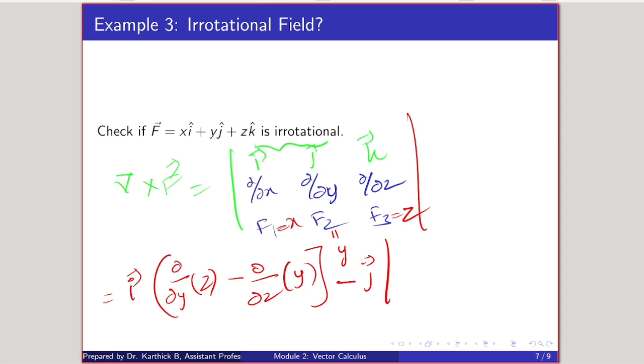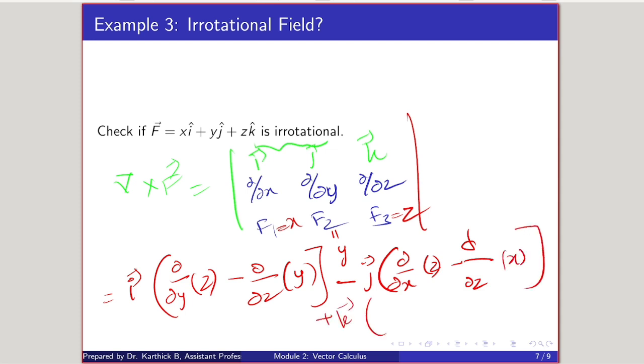Next, I will leave this column and this row, so it will be dou by dou x of z minus dou by dou z of x, plus k vector. It will be this column and this row, then dou by dou x of f3, f3 will be z, minus dou by dou y of x.